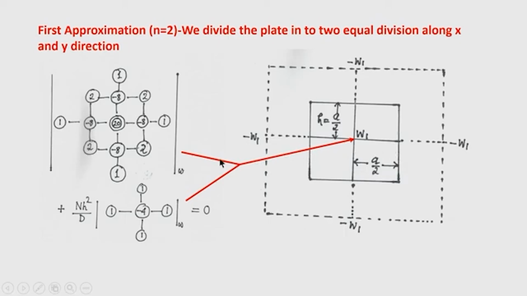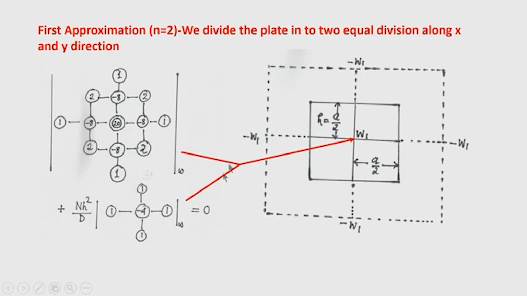Okay. So, this is the stencil of the buckling equation, because of the del square W by del x square plus del square W by del y square, these two terms. So, we have written these two quantities in finite difference form: 1, minus 4, 1, 1, and 1.